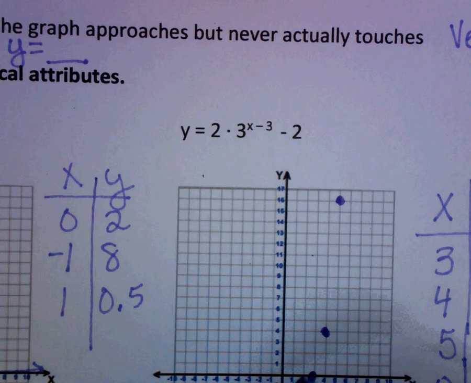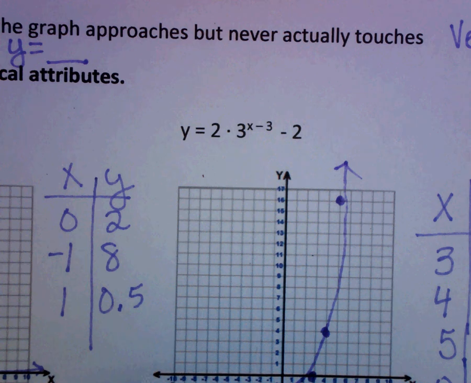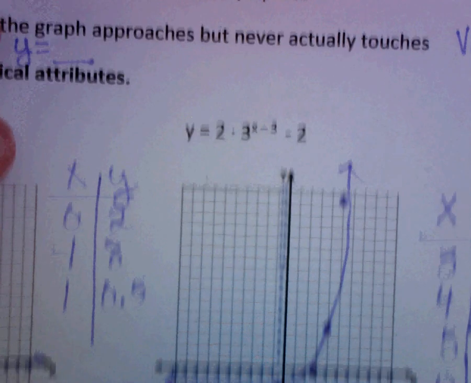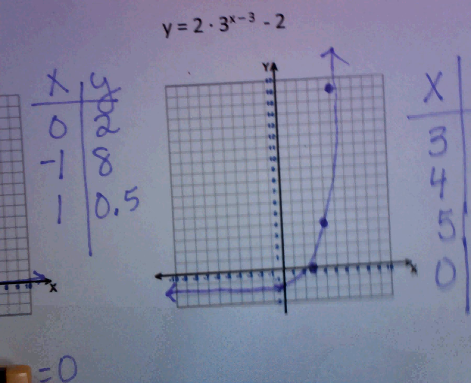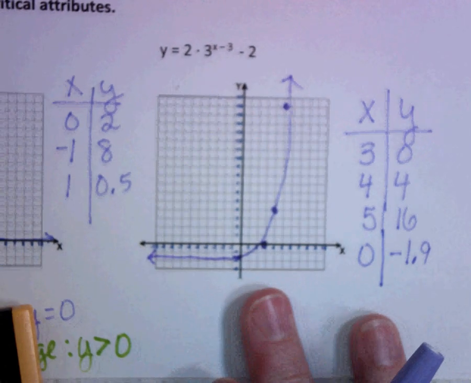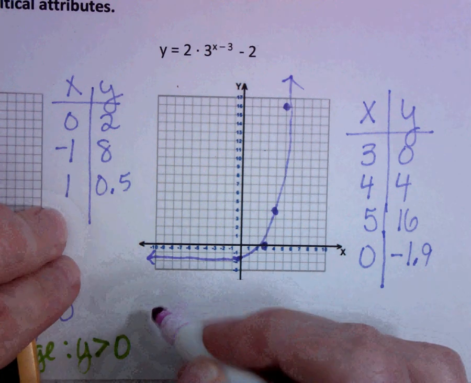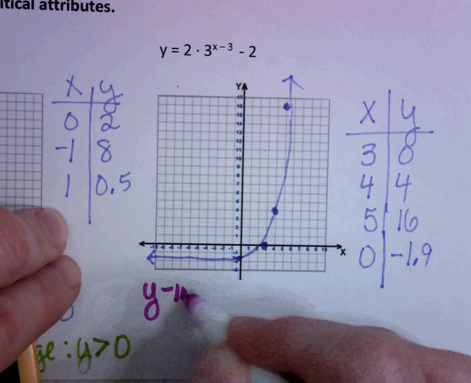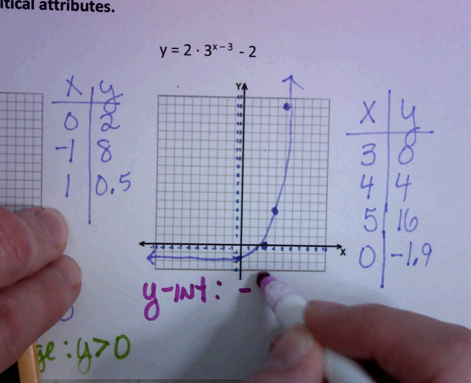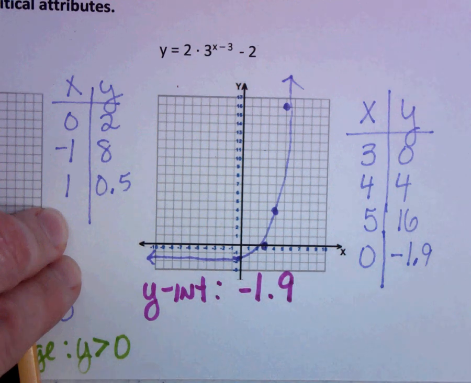So our graph looks something like that. Let me zoom out a little bit. So our y-intercept is about -1.9. We got that from the calculator.